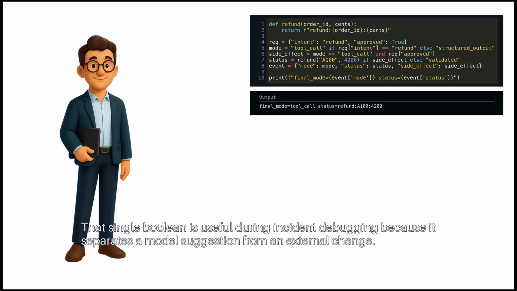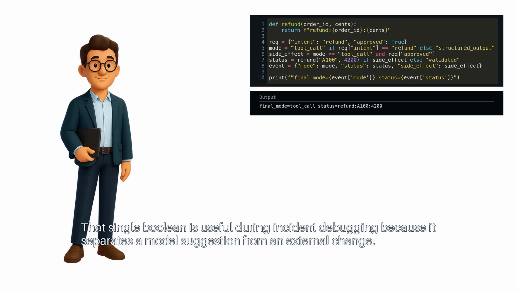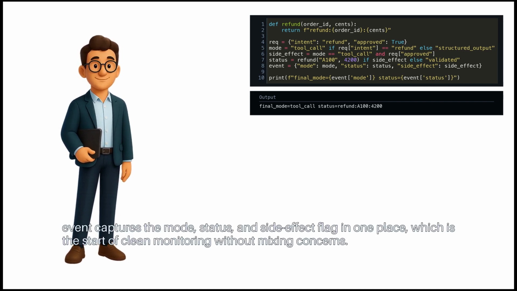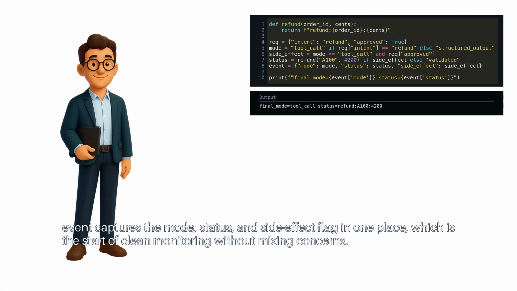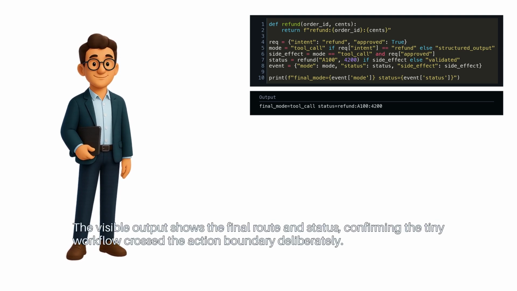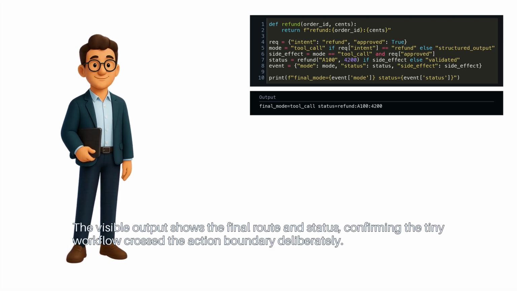That single boolean is useful during incident debugging because it separates a model suggestion from an external change. Event captures the mode, status, and side effect flag in one place, which is the start of clean monitoring without mixing concerns. The visible output shows the final route and status, confirming the tiny workflow crossed the action boundary deliberately.